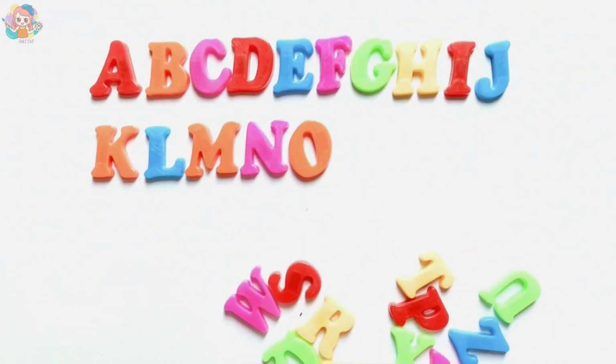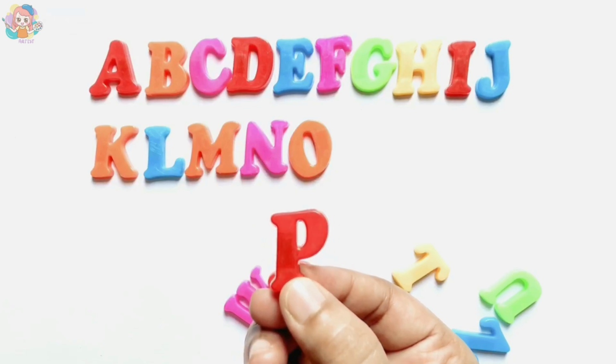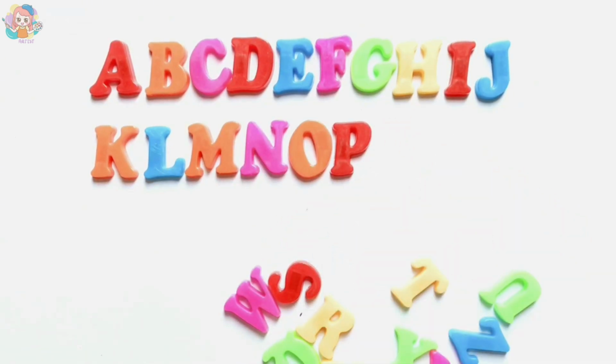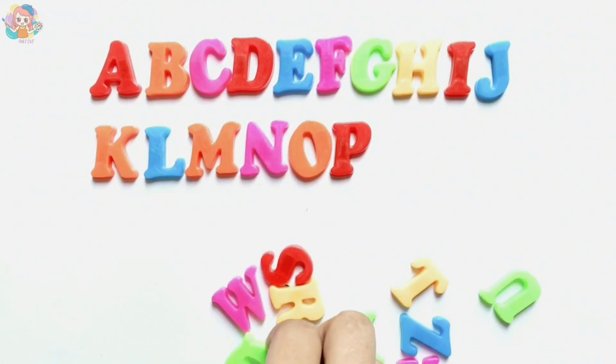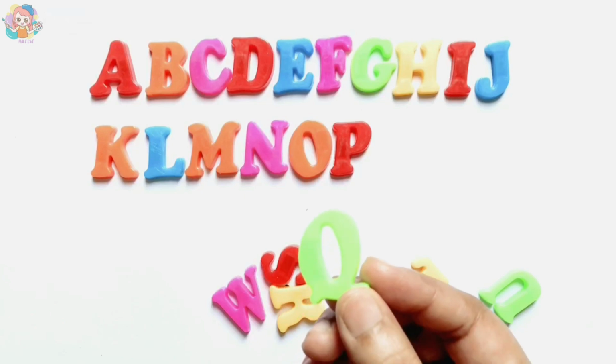Next alphabet P. P for prey. Next, where is Q? Where is, oh yes, Q. Q for coin.